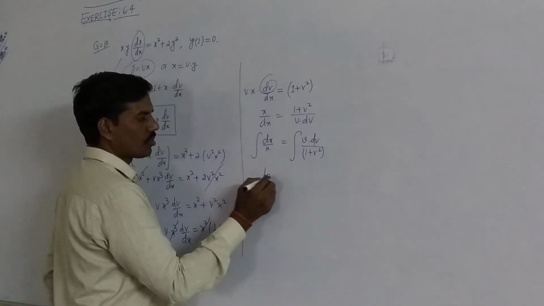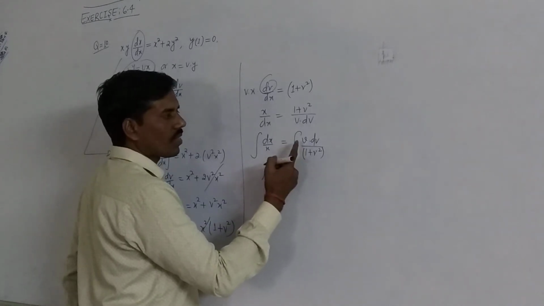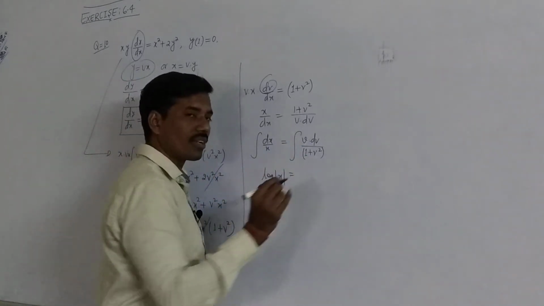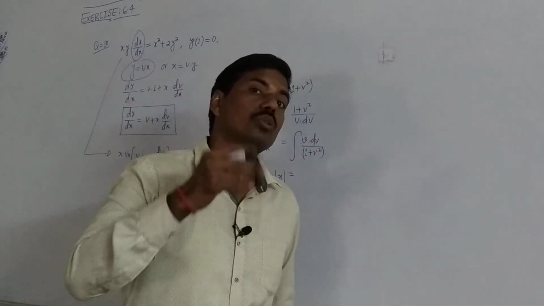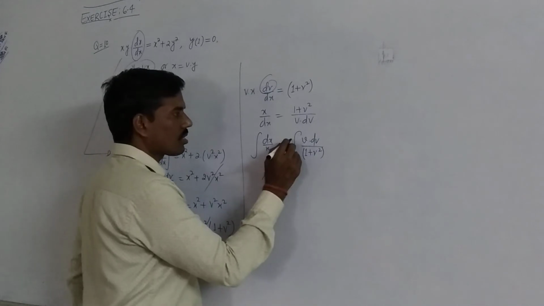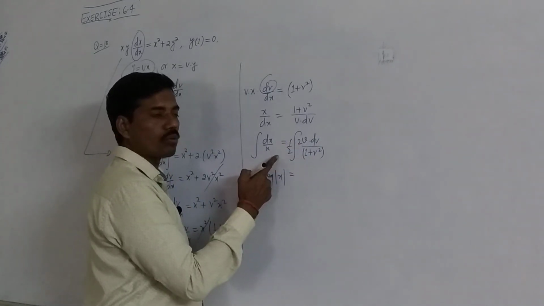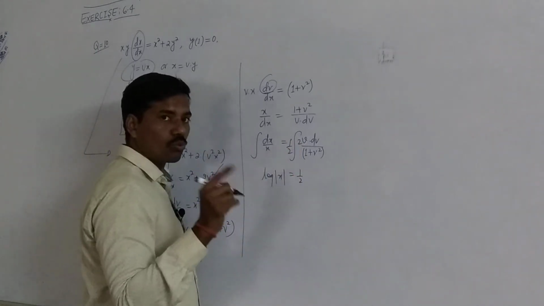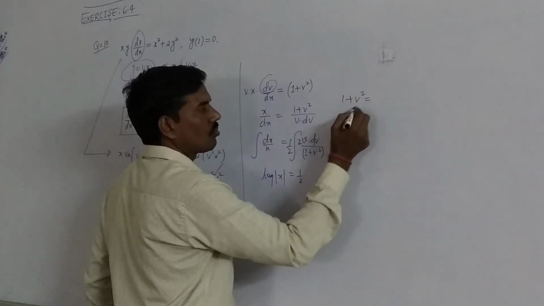And this one is log of mod of x. Since the derivative of 1 is 0, but the derivative of v square with respect to v is 2v, on adjusting by 2, means multiplying by 2 and dividing by 2, we have 2v dv is the derivative of 1 plus v square.